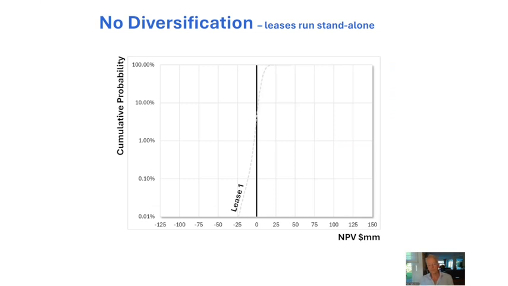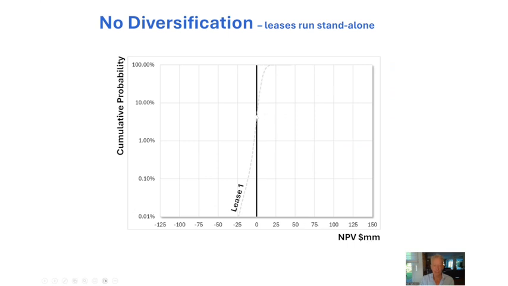So to just overlay these different examples on the same chart, if I run lease number 1 on a standalone basis, this is my cumulative probability net present value chart on a logarithmic scale.